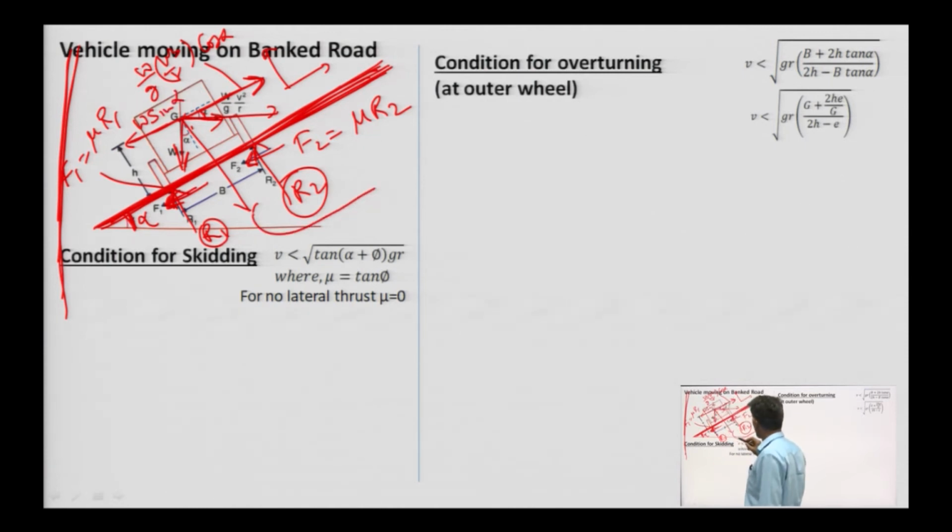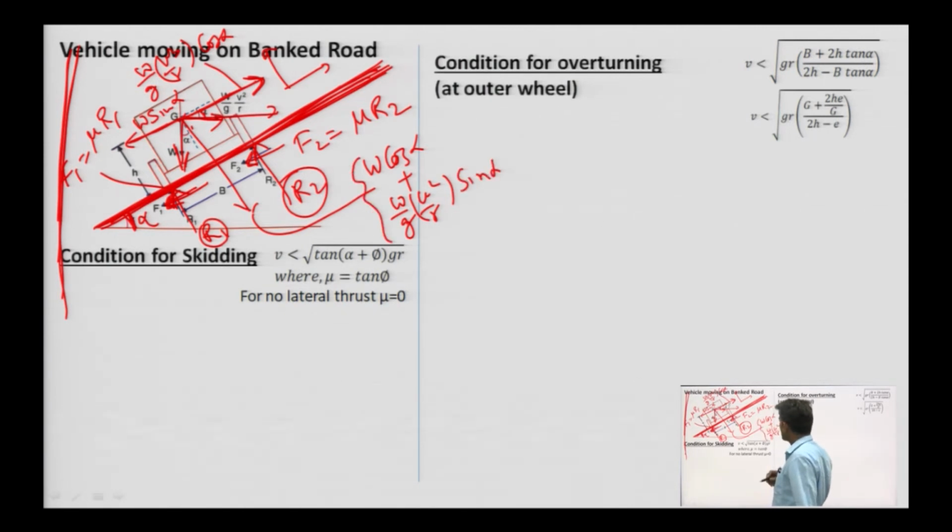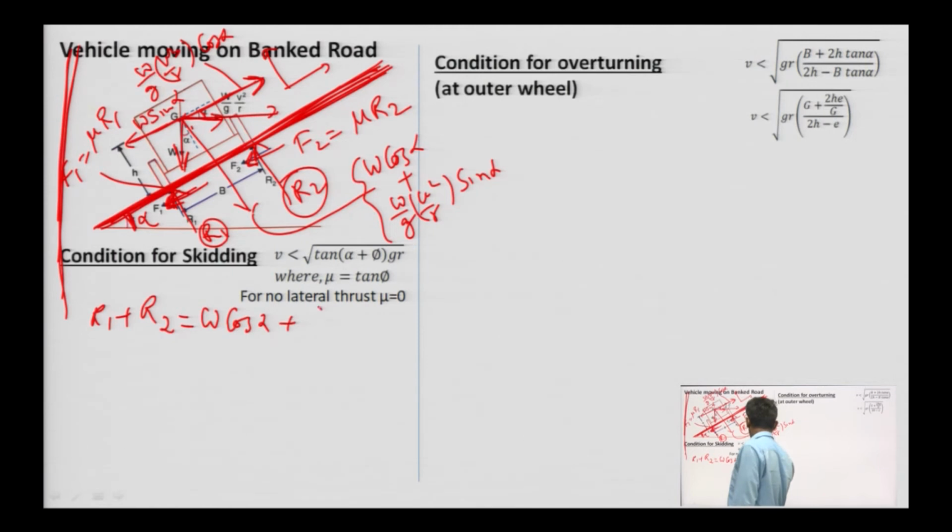And this one component will be W cos alpha plus W by g, V square by R, into sin alpha. So, this is the component. The value of R1 plus R2 is the sum of these two, that is equal to W cos alpha plus W by g, V square by R, sin alpha, right.